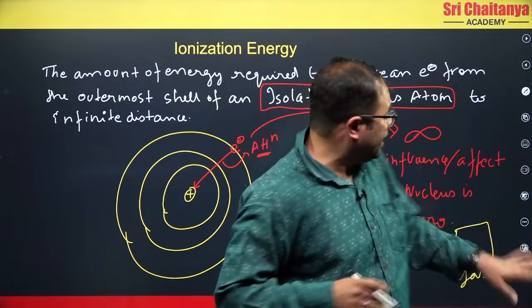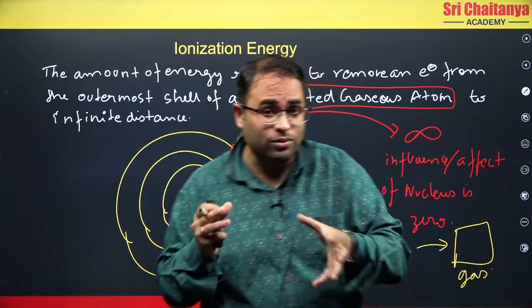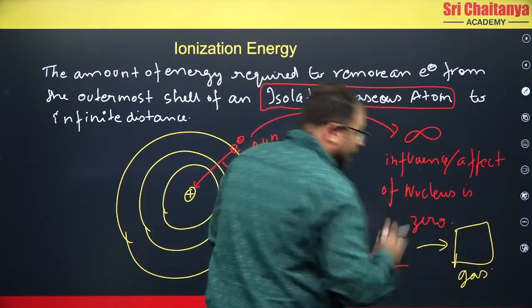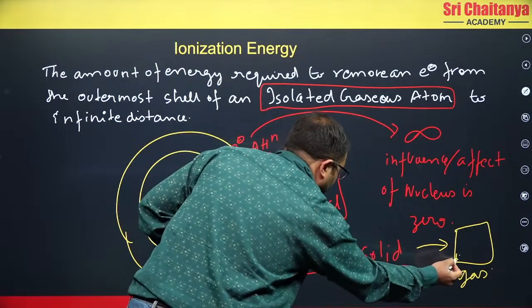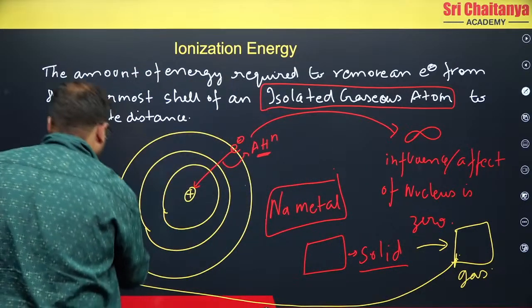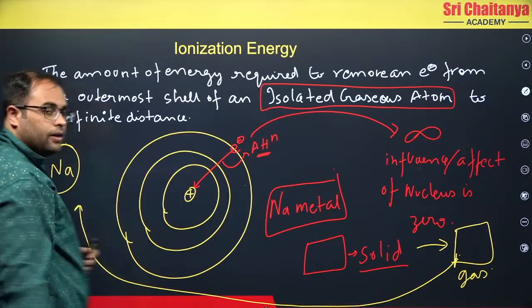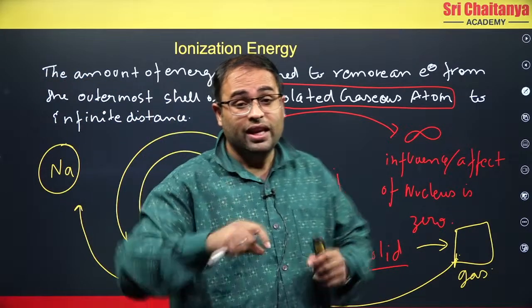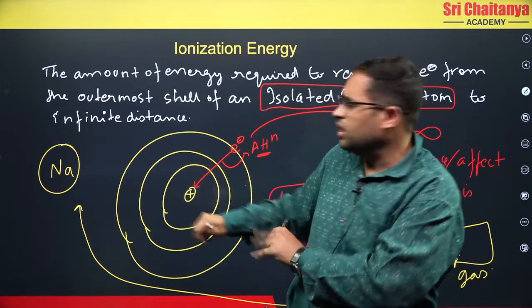Even now in the gas phase, there is a collection of sodium atoms. There are many sodium atoms, right? So from this collection of sodium atoms you have to take a single sodium atom. Only one sodium atom separately from this, isolated, alone. No other sodium atoms are there with this.